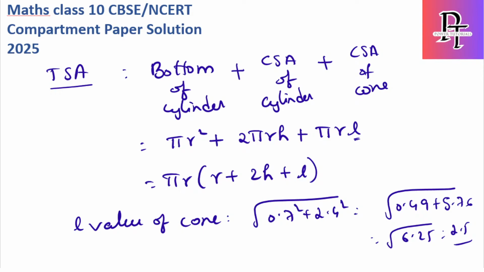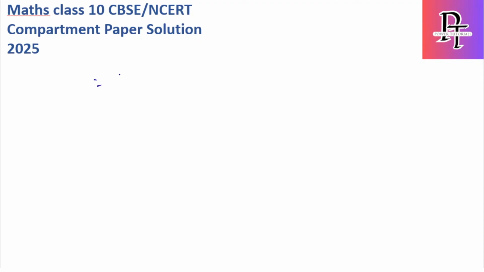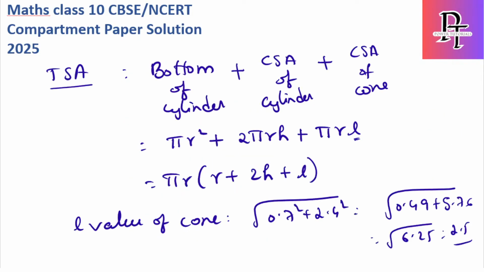Okay, so let's substitute again. Pi is 22 by 7, r is 0.7, into root of bracket r is again 0.7 plus 2 into h is 2.4 plus l is 2.5.